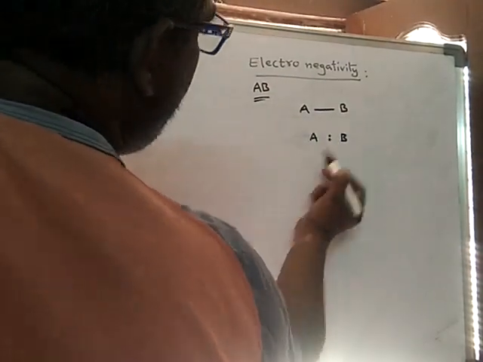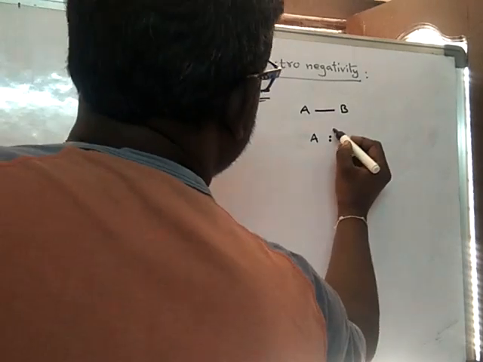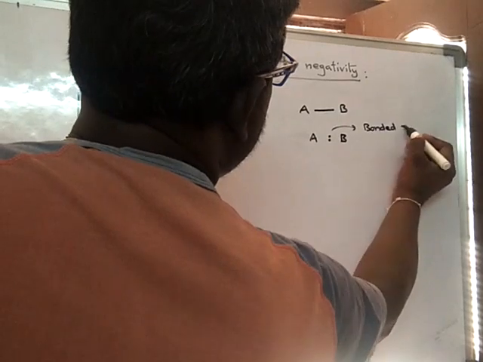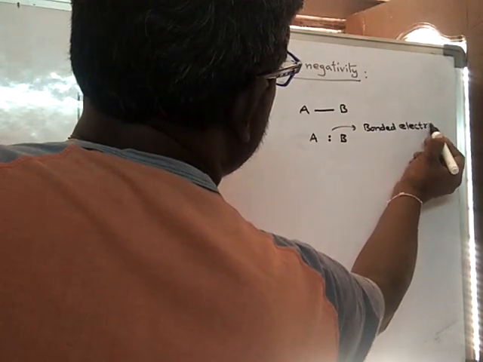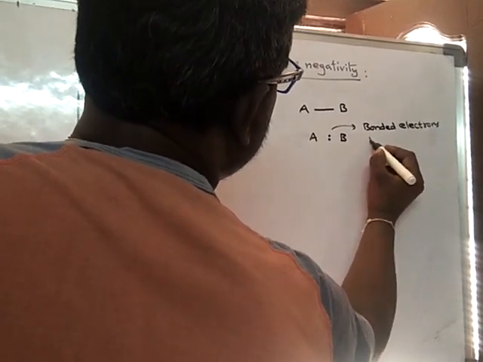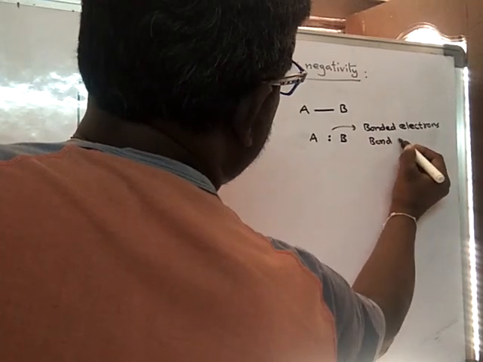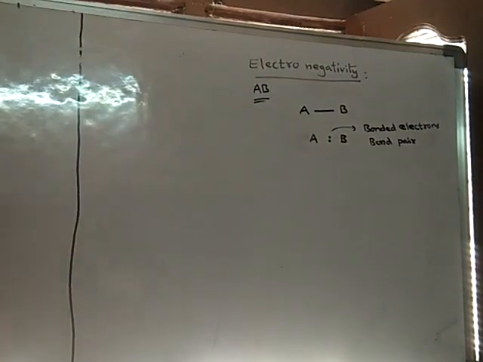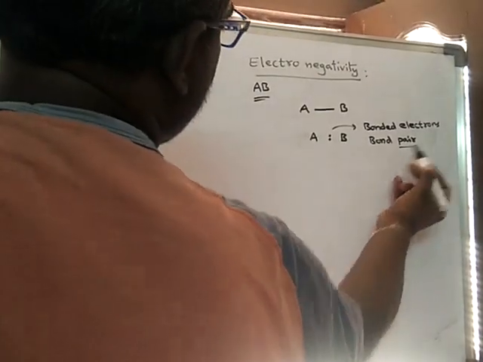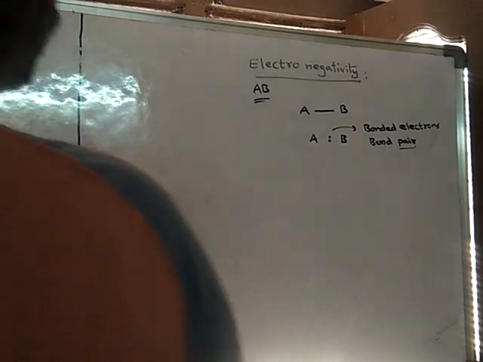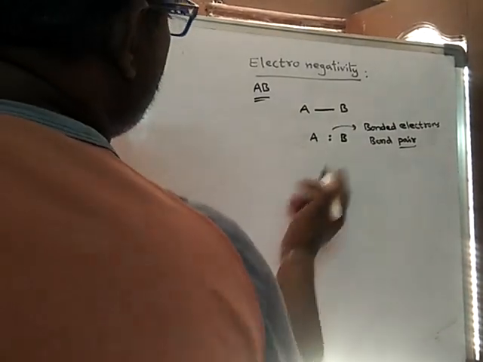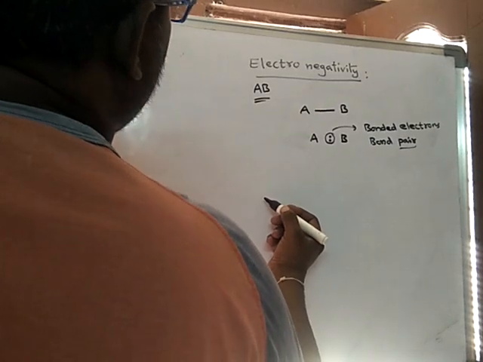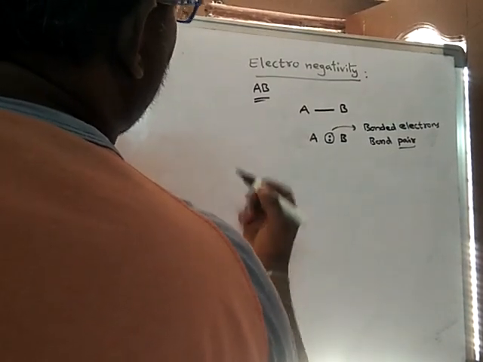These electrons are said to be bonded electrons, or simply we will call them a bond pair. Bond pairs are nothing but bonded electrons. There are two electrons, that is why it is mentioned as a pair. So this is called a bond pair or bonded electrons. Now one thing we have to see.